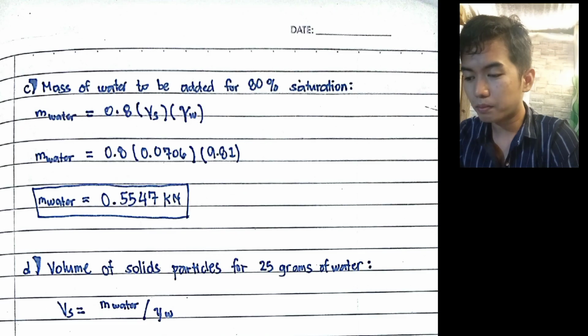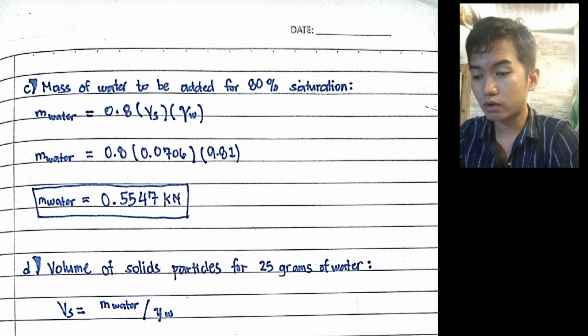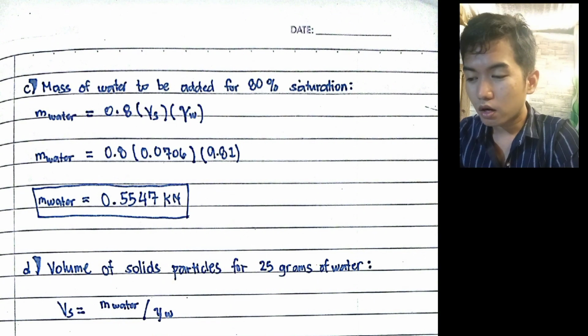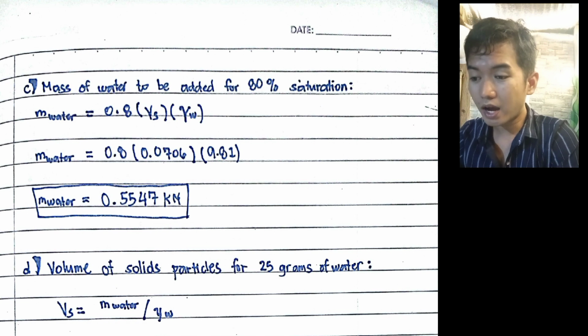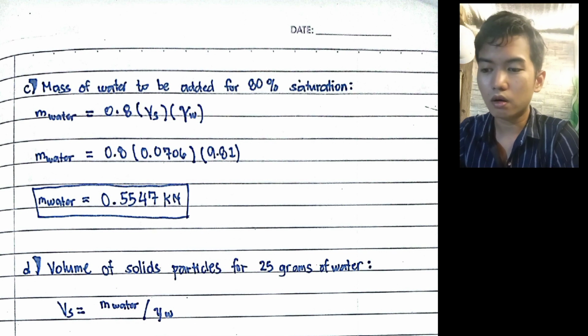Let's proceed to part C, where we are asked to find the mass of water to be added for 80% saturation. To reach 80% saturation, you need to find the mass of water required. The formula is M_water = 0.8 times volume of solids times unit weight of water, where 0.8 represents the 80% saturation, V_s is the volume of solids, which is 0.0706 meter cube that we calculated earlier, and gamma_w is the unit weight of water, which is approximately 9.81 kilonewton per meter cube.